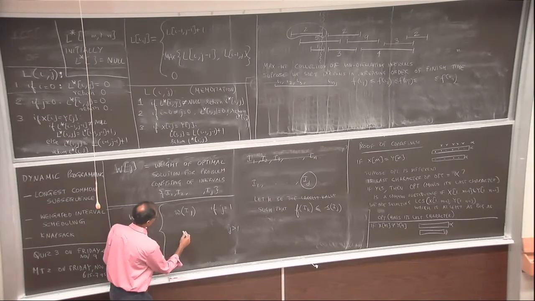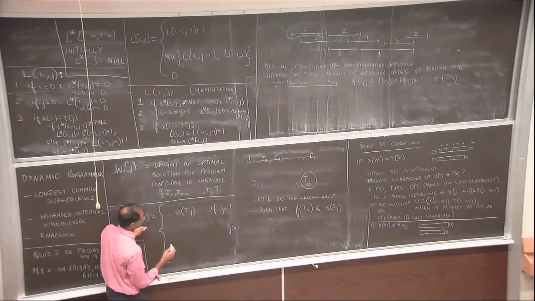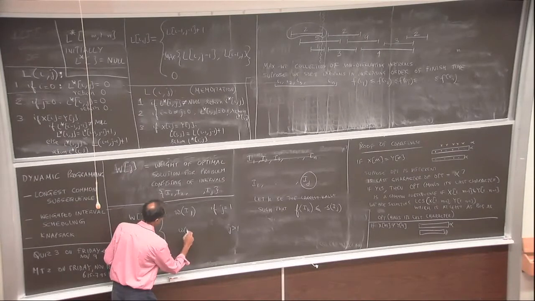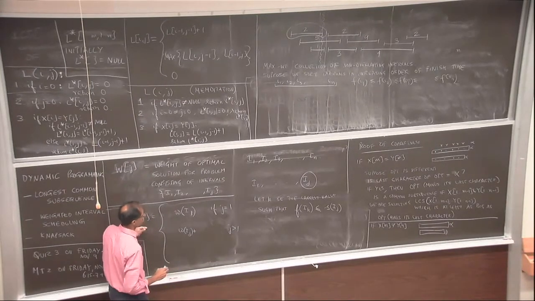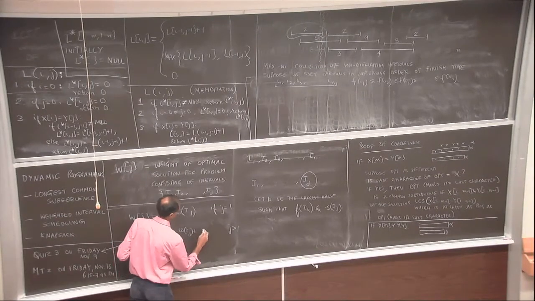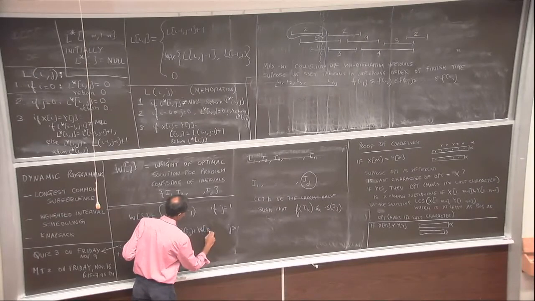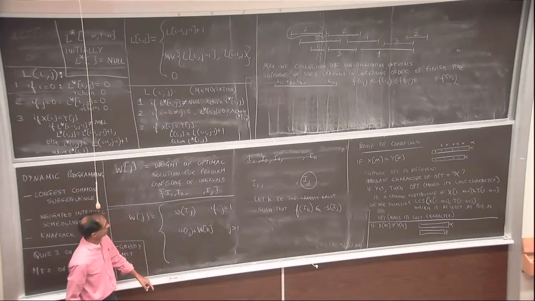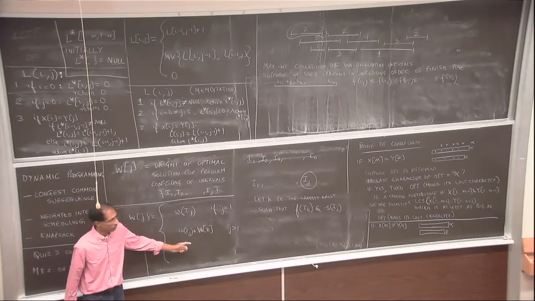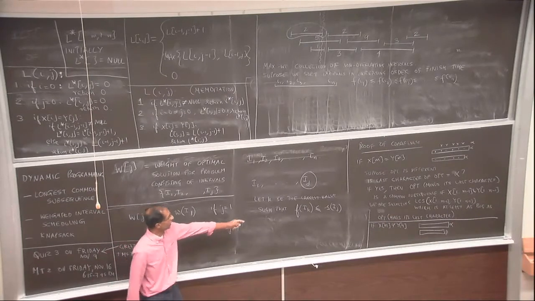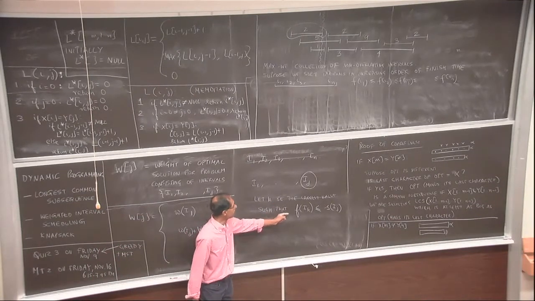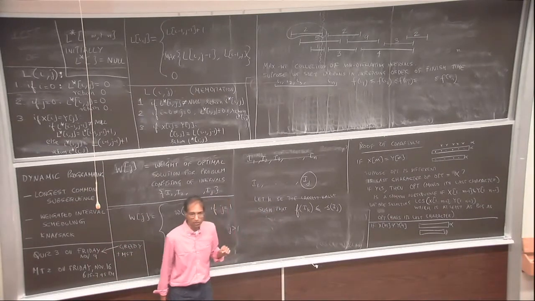So I'm including j, whose weight is w_j. Then my remaining problem is W_k, because k is the largest value such that f of Ik is less than or equal to S of Ij.